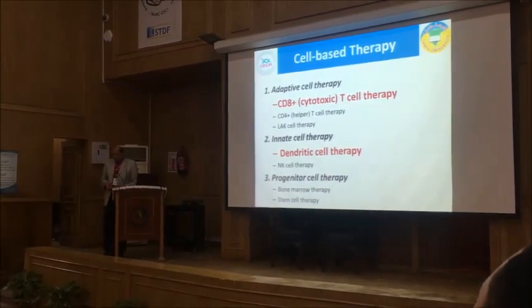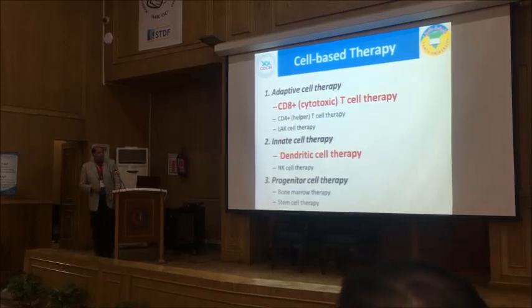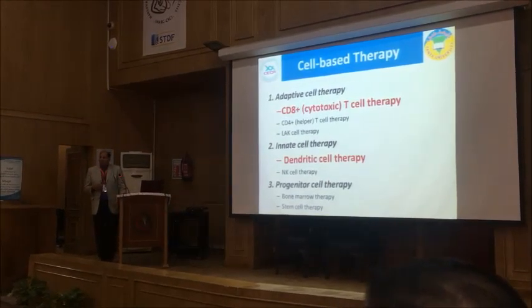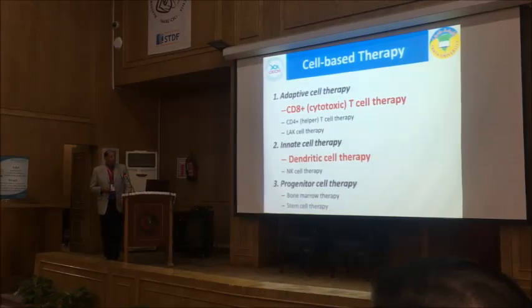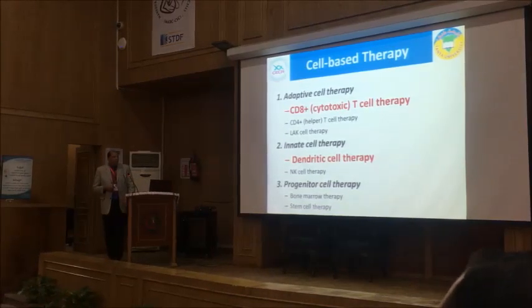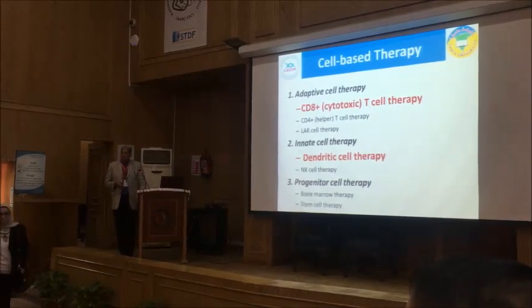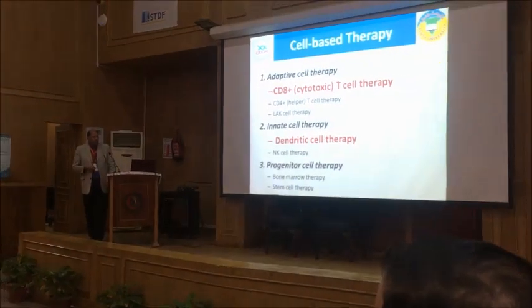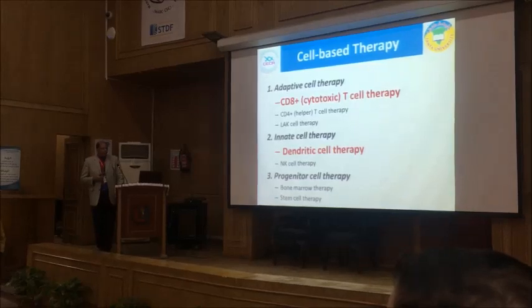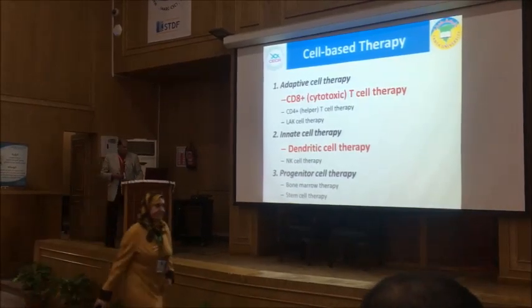Adaptive cell therapy can be based on adaptive T cells, which are CD8, CD4, LAK cells, lymphocyte-activated killer cells, or innate-based therapy, of course dendritic cells, which is one of our focuses, and in the clinic, progenitor cell therapy.